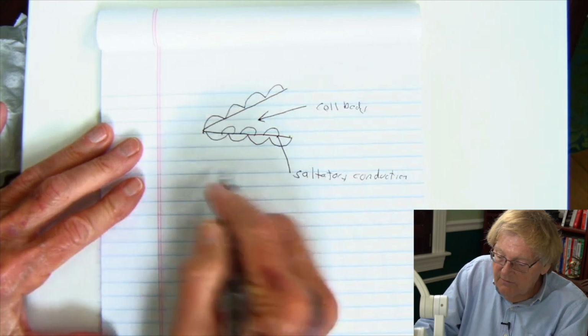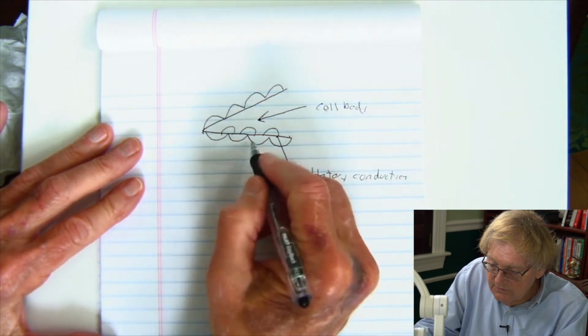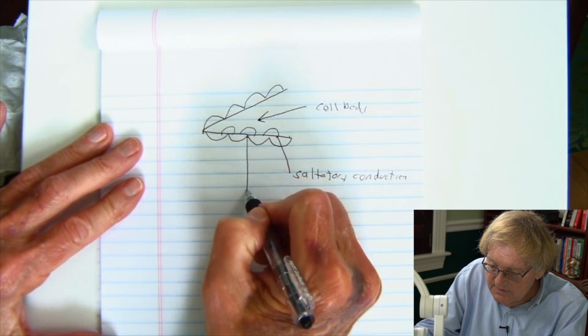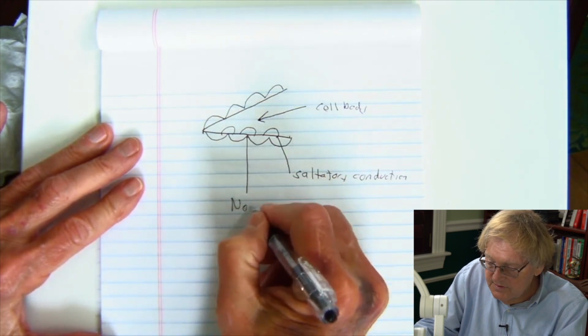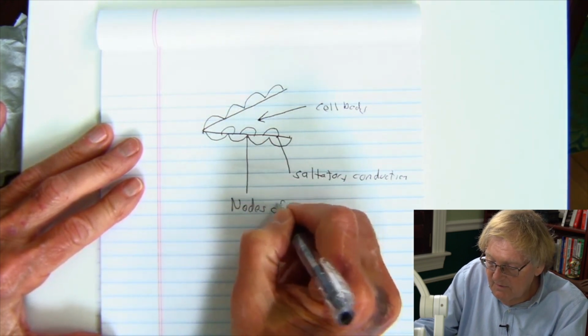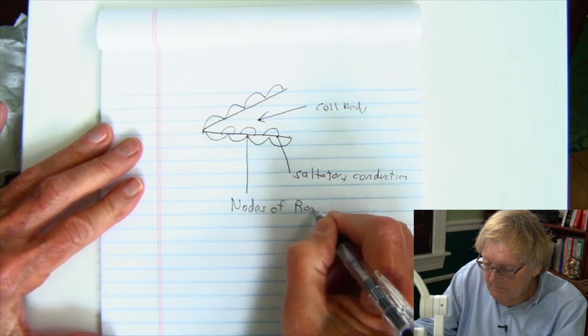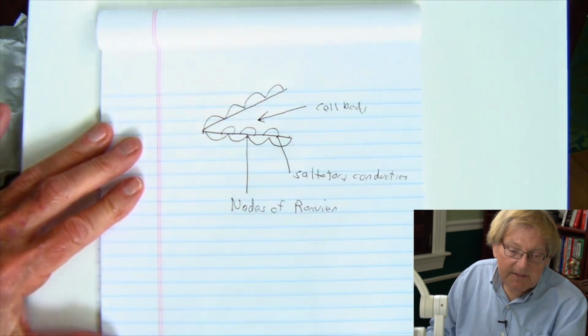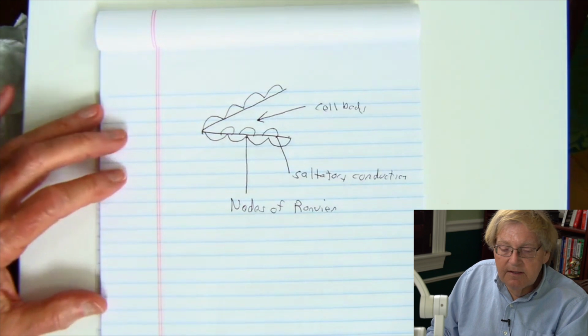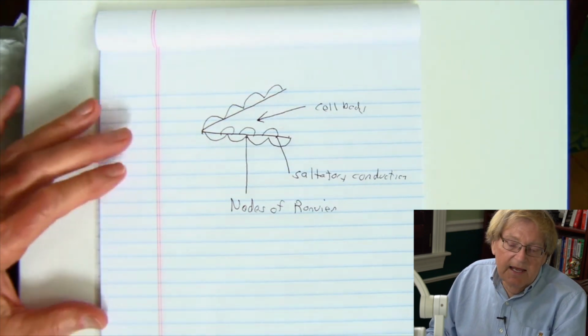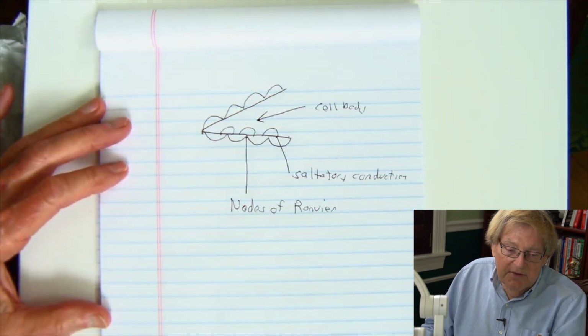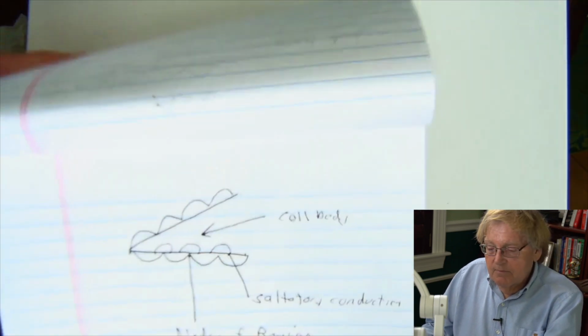And those little indentations are called the nodes of Ranvier. They're really analogous to those structures that I had when I was talking about the wire running from Wilmington to Wrightsville Beach.